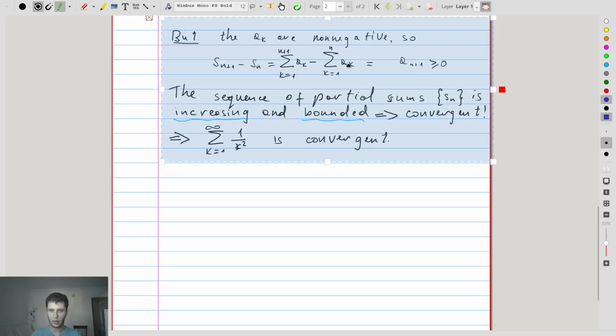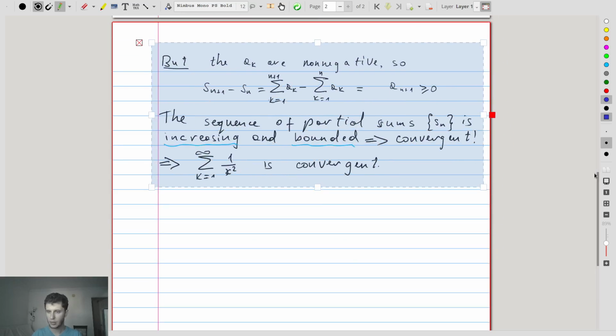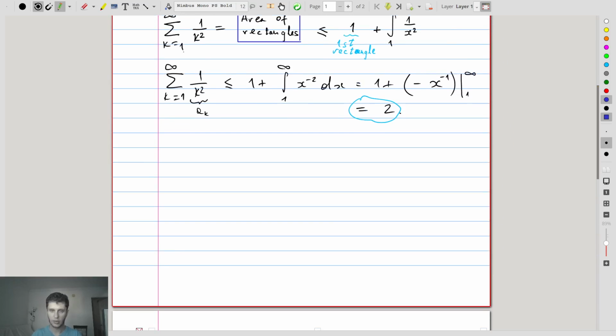Okay, so what does it mean? Let me look back. This implies any partial sum of the series satisfies, where S sub n is the partial sum.